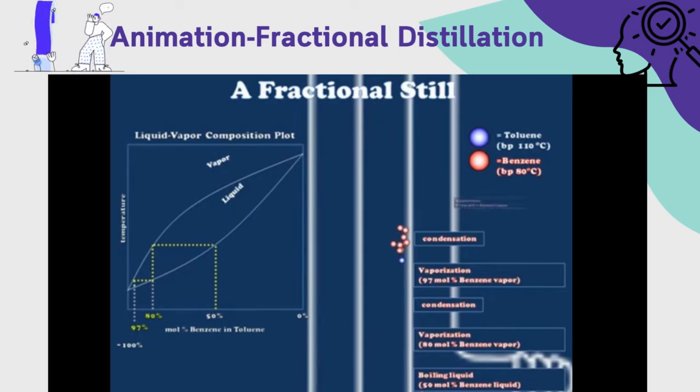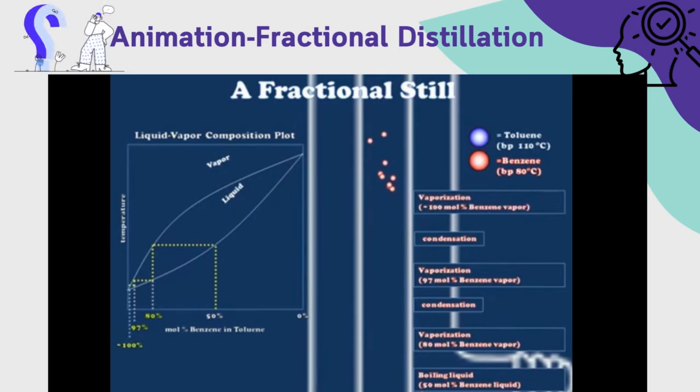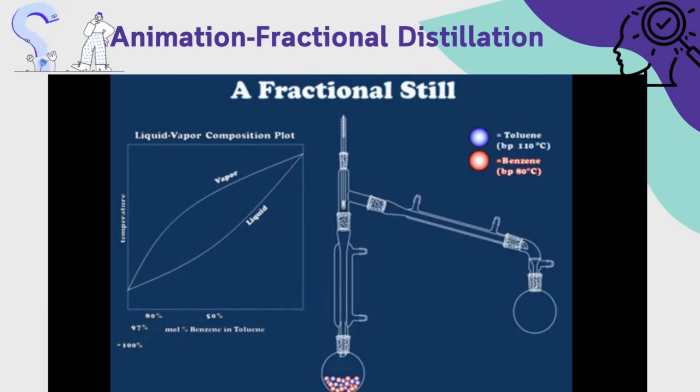The 80% benzene revaporizes. It is like now we are running a second distillation. So, the percent of benzene increases to more than 80%.